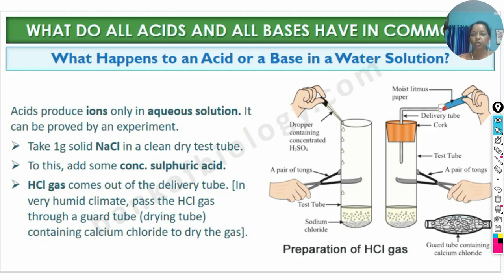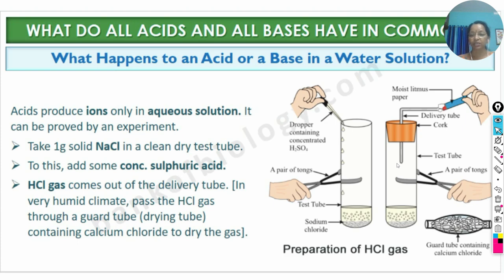We'll produce an acid by reacting sodium chloride and H2SO4 here. When sodium chloride and H2SO4 react, you'll get hydrochloric acid, but the hydrogen chloride gas produced is dry here.